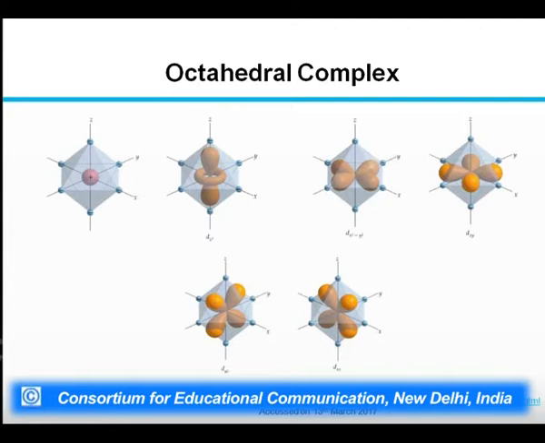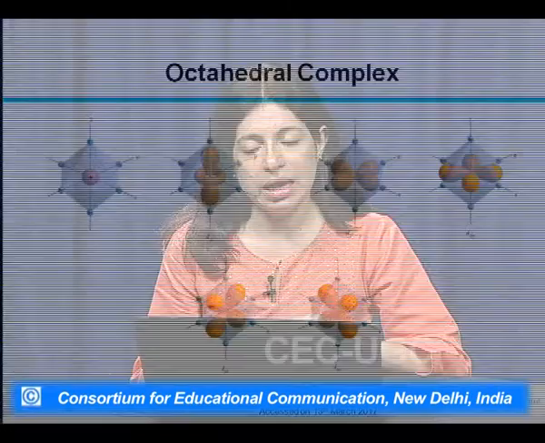Consequently, all the metal orbitals experience repulsion because of the ligand field. But the extent of repulsion experienced by the d orbitals is different. The dz square and the dx square minus y square, which are your axial orbitals, experience greater repulsion in comparison to your non-axial orbitals dxy, dyz and dxz.